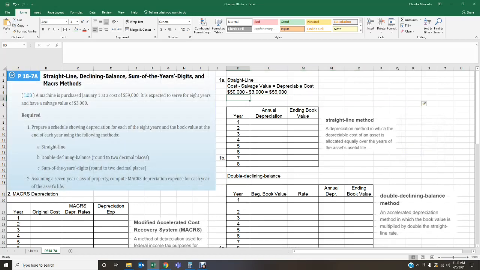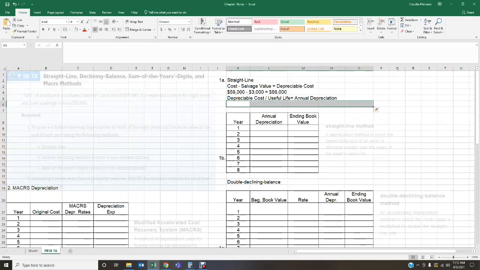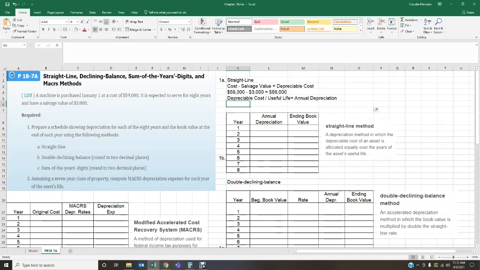Then what I'm going to do is take my depreciable cost divided by the useful life to get the annual depreciation. My depreciable cost, we just calculated at $56,000, and this asset should have a useful life, it says here, of 8 years.